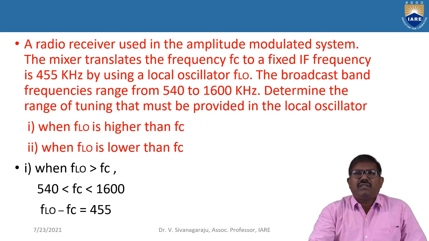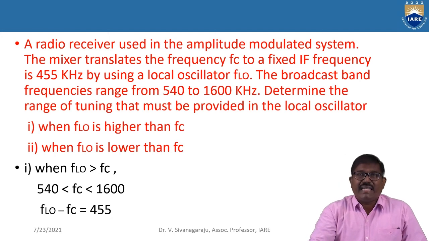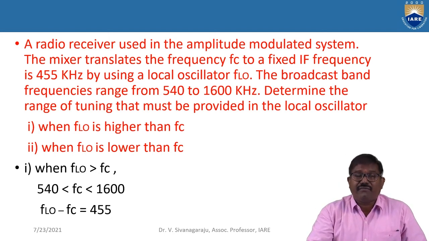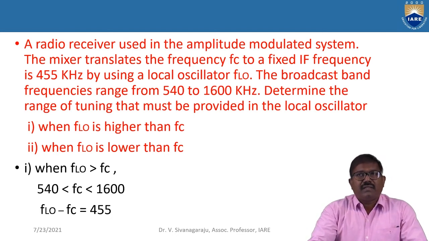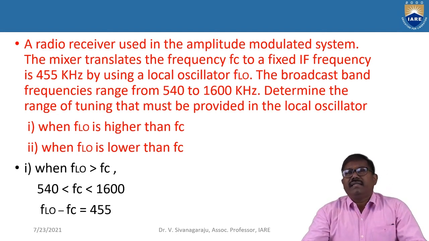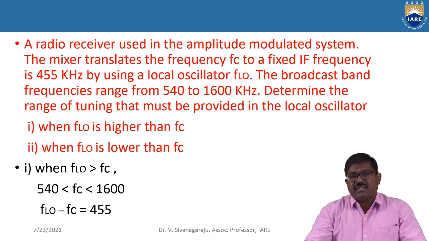and we know the formula of IF, how to find IF. Why? Because the given problem is a superheterodyne receiver. Here the IF stage is missing in TRF, so here we have the IF, the intermediate frequency.